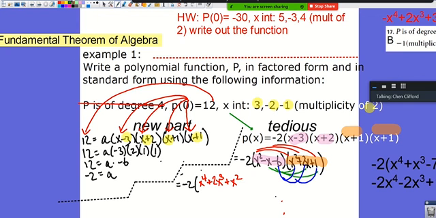The green is going to be -x cubed minus 2x squared minus x. Let me just double check that. And the blue is going to be minus 6x squared minus 12x minus 6. And then I'm going to close the parentheses.